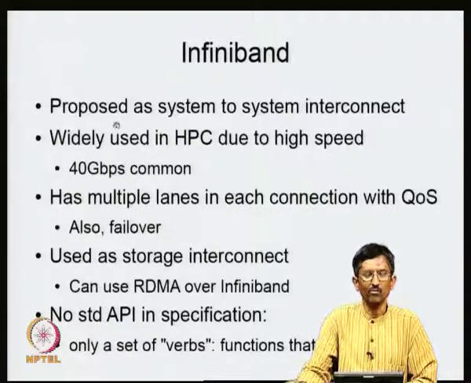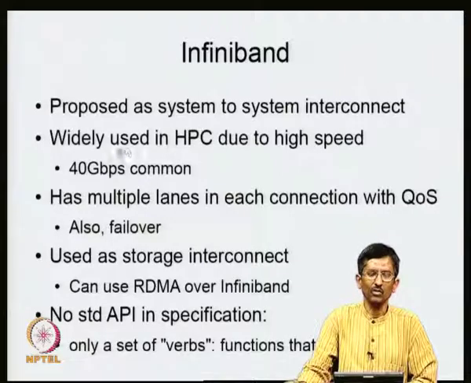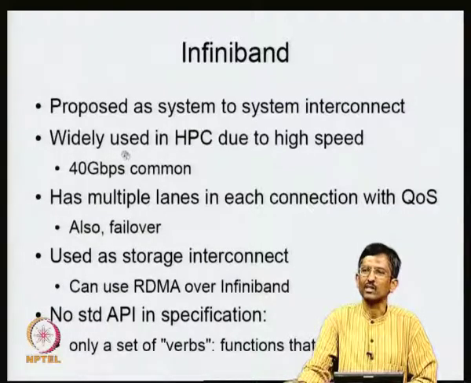It has become widely available, and it is widely used in high performance computing because of its high speed. For example, it is very easy to get 40 Gb per second connections. It is not that difficult. And actually if you look at the Infiniband roadmap, people talk about 120 gigabit per second, 200 gigabit and 300 gigabit per second. So, high speed is certainly possible.